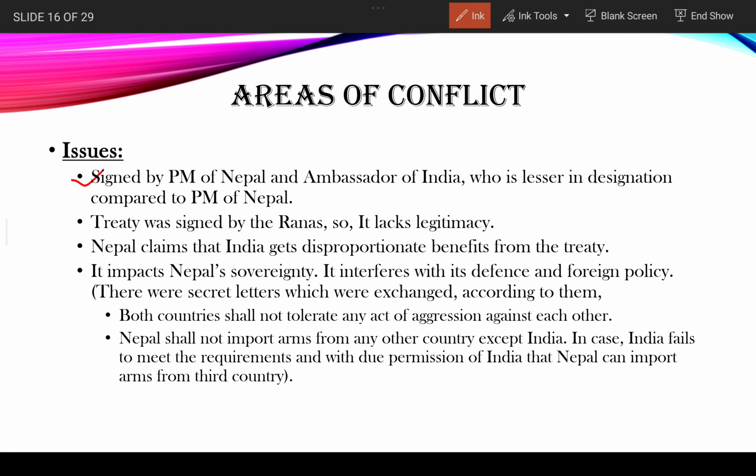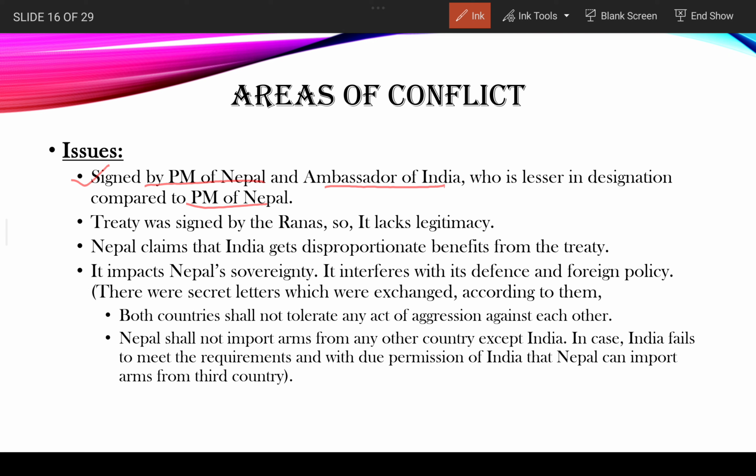The first and foremost, I have already talked about in the previous class as well, is that it was signed by the Prime Minister of Nepal, and from the Indian side it was signed by the Ambassador of India, who is definitely of a lesser designation as compared to the Prime Minister of Nepal. So basically, it was hurting Nepali sentiments or their dignity.